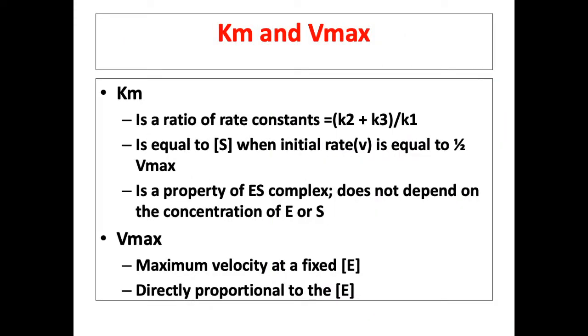So Km is actually a ratio of rate constants, that is K2 plus K3 by K1, and it is equal to the substrate concentration when the initial rate V is equal to half Vmax. It's a property of the ES complex, and does not depend upon the concentration of your E or S. Whereas Vmax is the maximum velocity at fixed E and directly proportional to the enzyme.